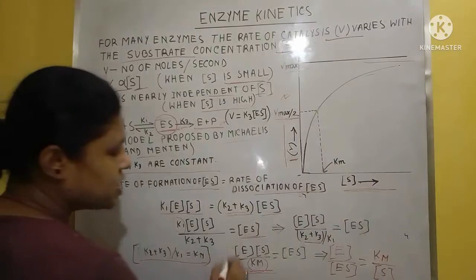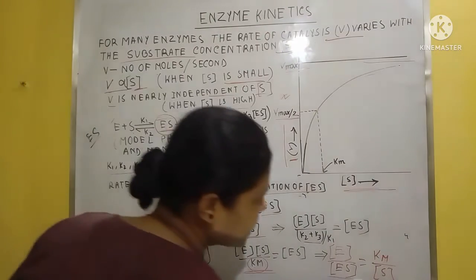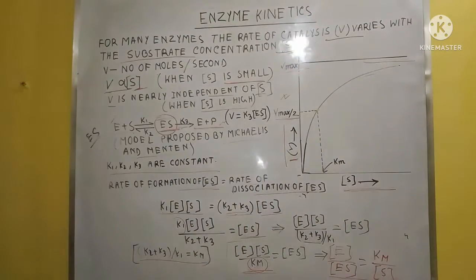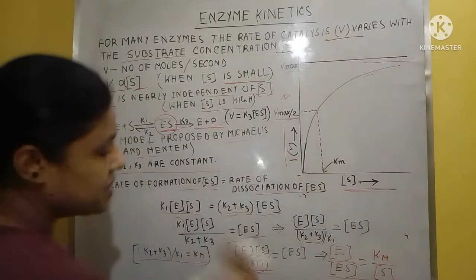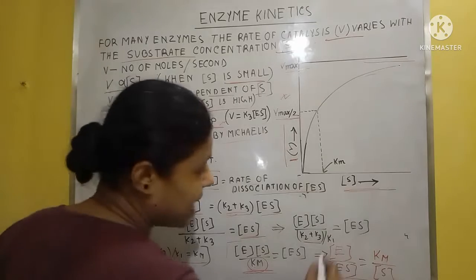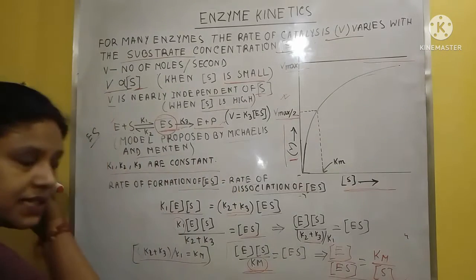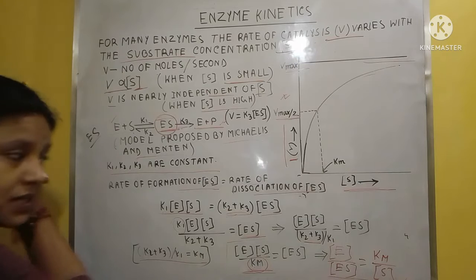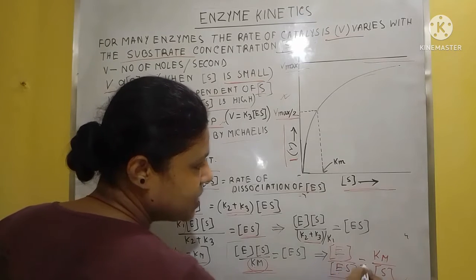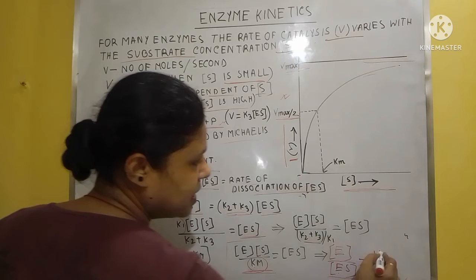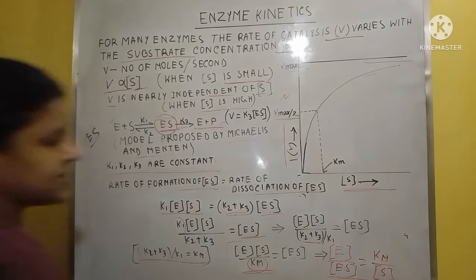After changing these two sides, you can see this type of equation. It is continuing. The space is small, so I write here up to that. After that, I will write again. So here you can see that E by ES complex equals Km by S.